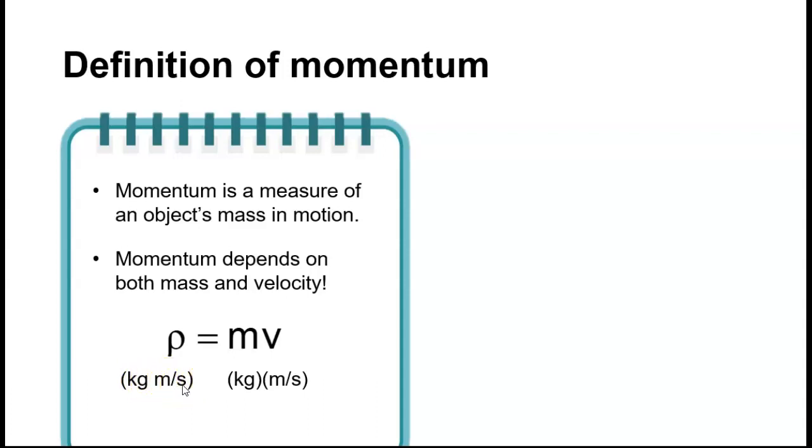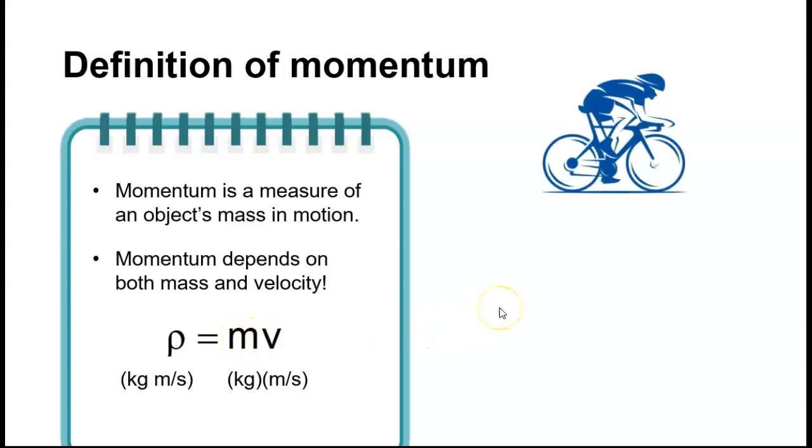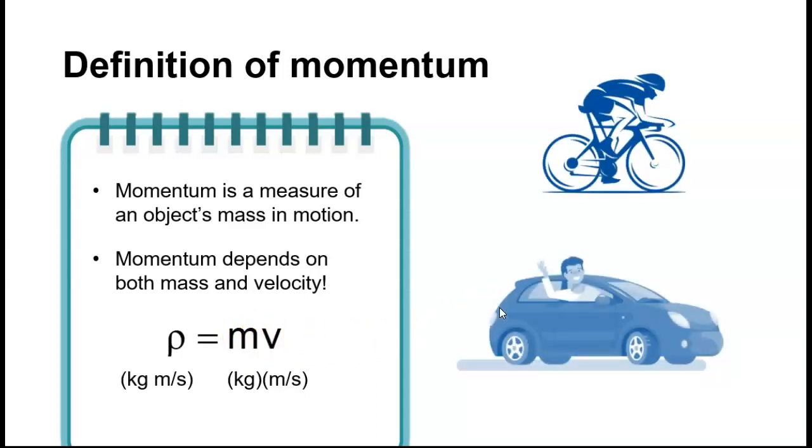So let's look at a couple of examples of something that would have momentum. So I have to have something that has mass and something that has velocity. So for example, I could have a bike or a car. I could have a bike with a small mass traveling 10 meters per second, or a car with a larger mass traveling 10 meters per second.